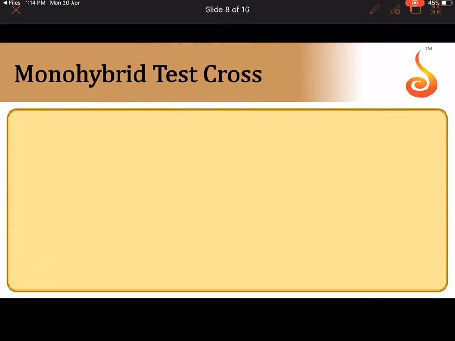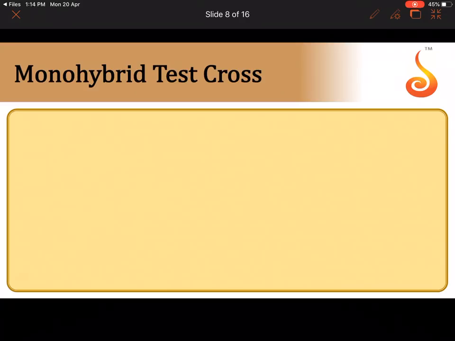Okay? Now we will move to a new concept that is called monohybrid test cross. I will introduce you to a new cross over here, again a monohybrid cross, in which I am moving away from height now.